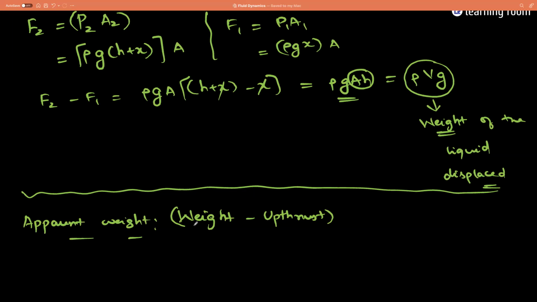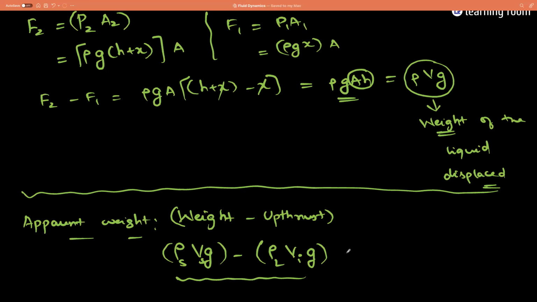So weight of the object is given as density of solid into volume of solid into G, minus upthrust, which is given as density of liquid into volume of immersed portion into G. So this is what is called apparent weight.